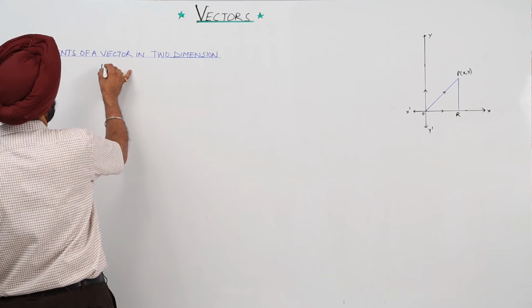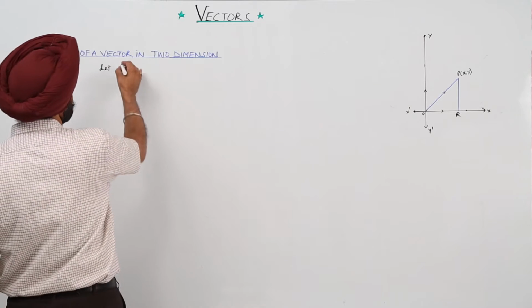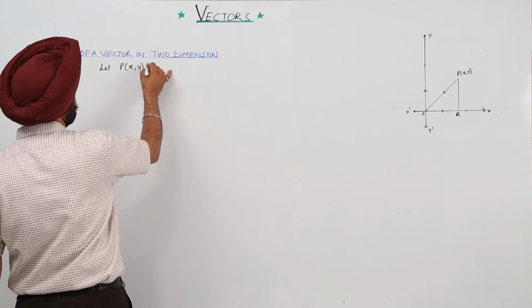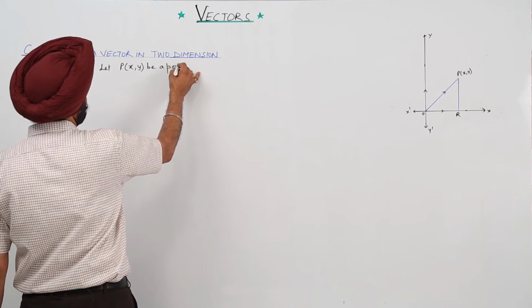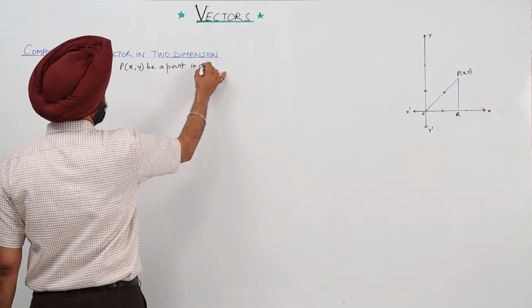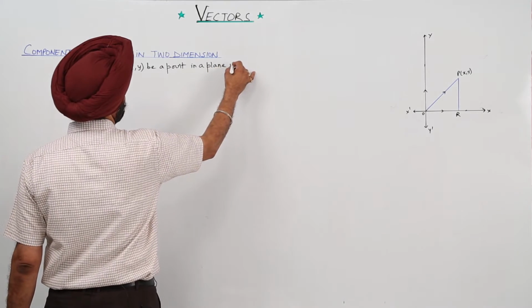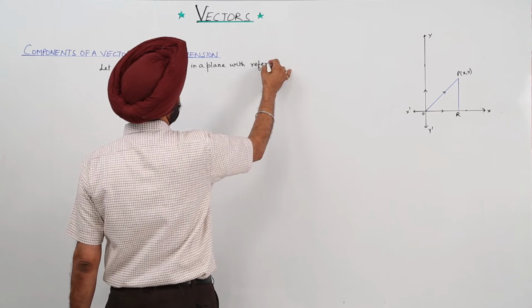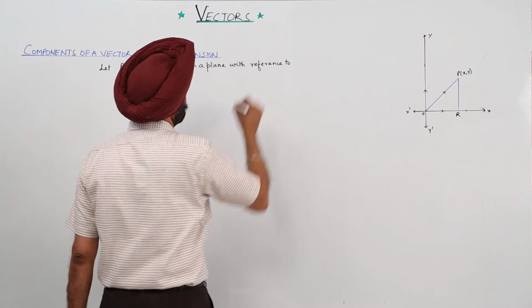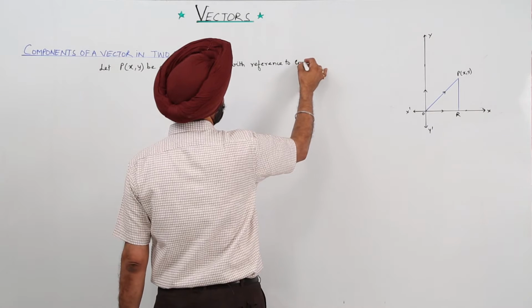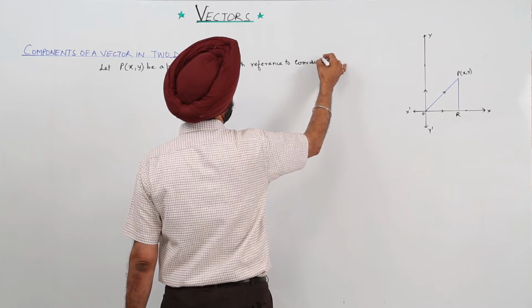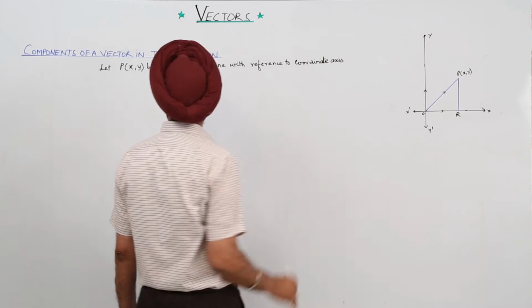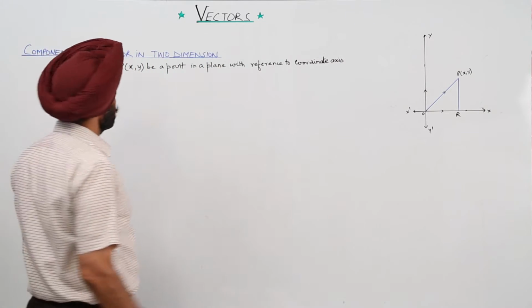Now let P, with coordinates x comma y, be a point in a plane with reference to the coordinate axis.